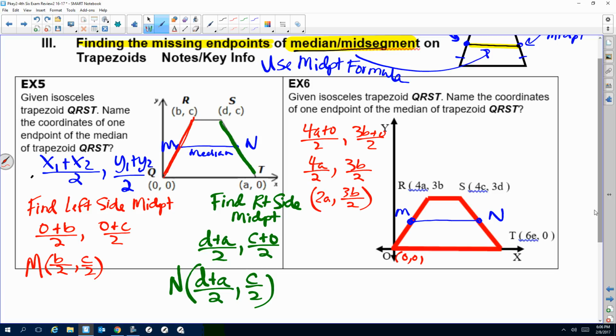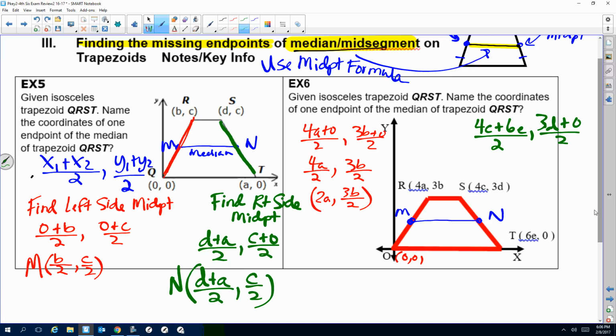So we're going to do that for the right side as well. On the right side, our x's are 4c and 6e. We add them together over 2. Our y's are 3d and 0 over 2. Well, when I simplify, I can't add them. C and E are not like terms.